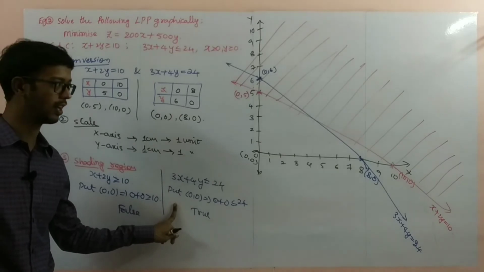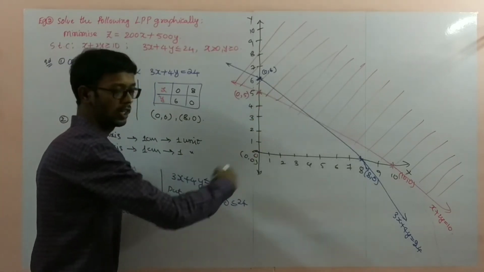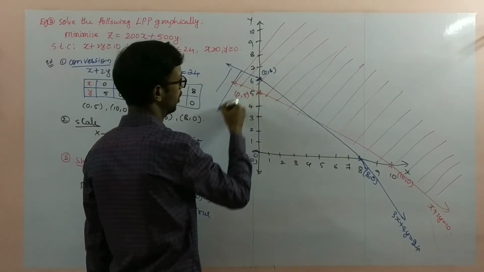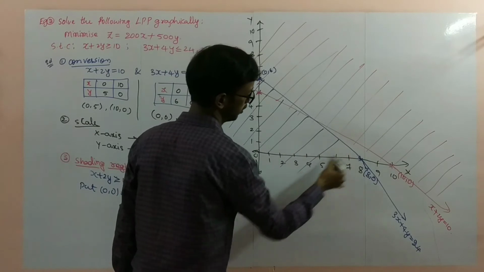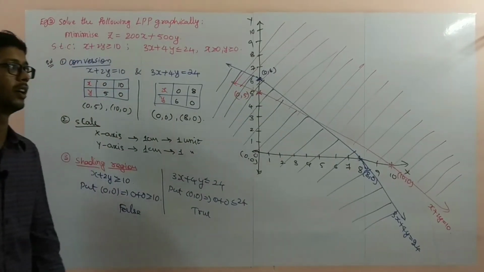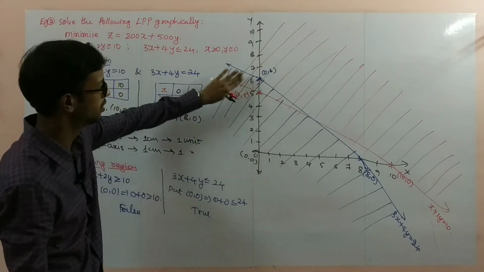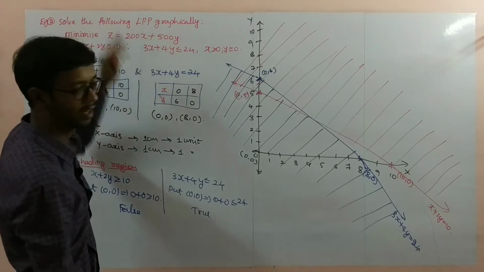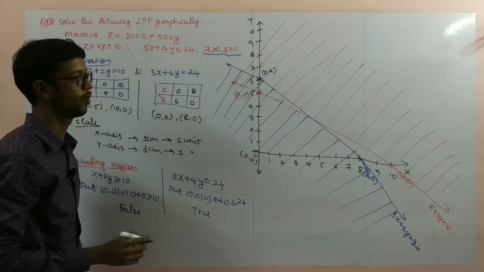True condition is there, including 0 comma 0, so towards 0 comma 0 you have to shade the region. So what is the common region? Common region means this total extension, but this condition is there only in the first quadrant.